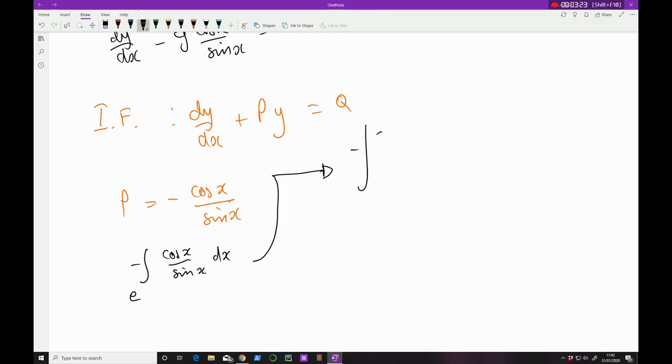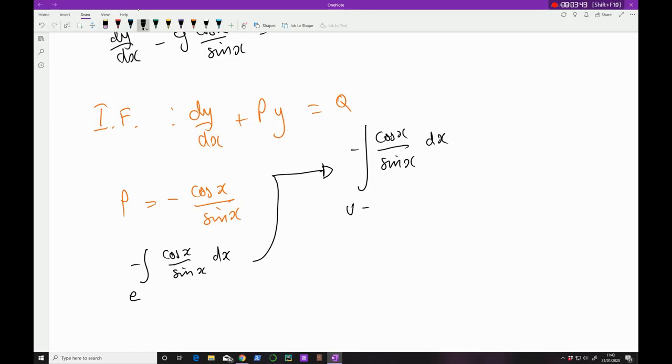So the integral of cos x over sin x dx. Now in my last video, I told you that one of the pointers of solving ordinary differential equations was, do you know how to integrate? And especially, do you know how to integrate trigonometric functions? This is another example, and we are going to integrate using substitution.